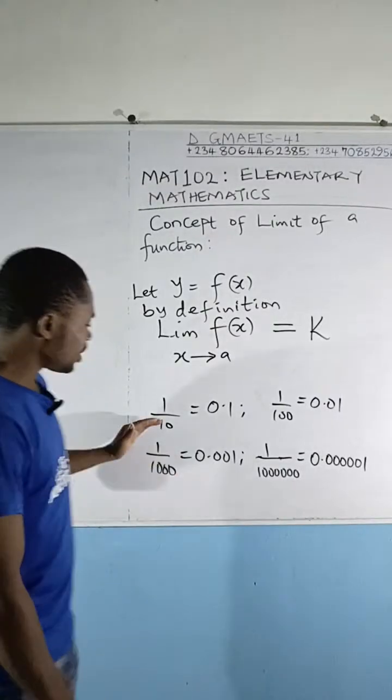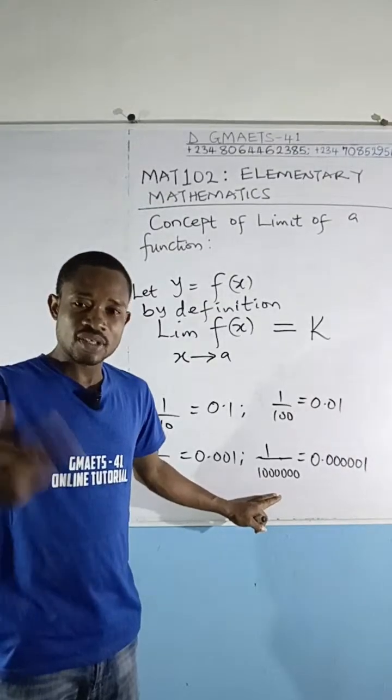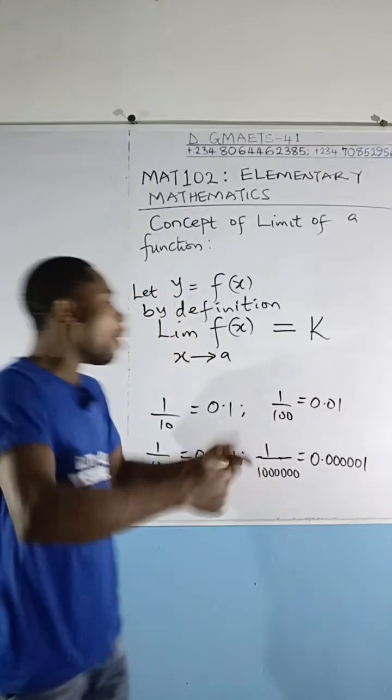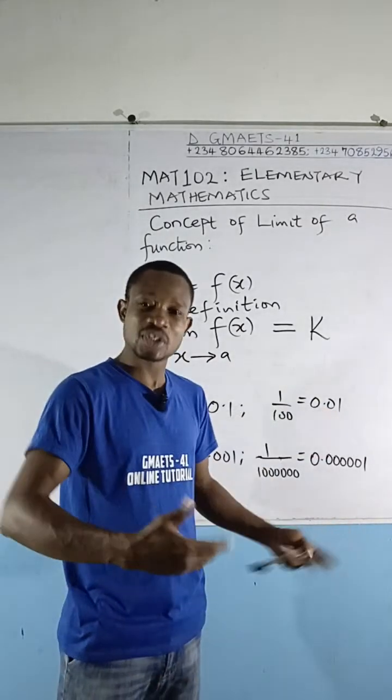Now, if you look at the pattern of this number, the denominator is increasing in zeros, and you observe that the number of zeros before the non-zero digit, which here is 1, is increasing.